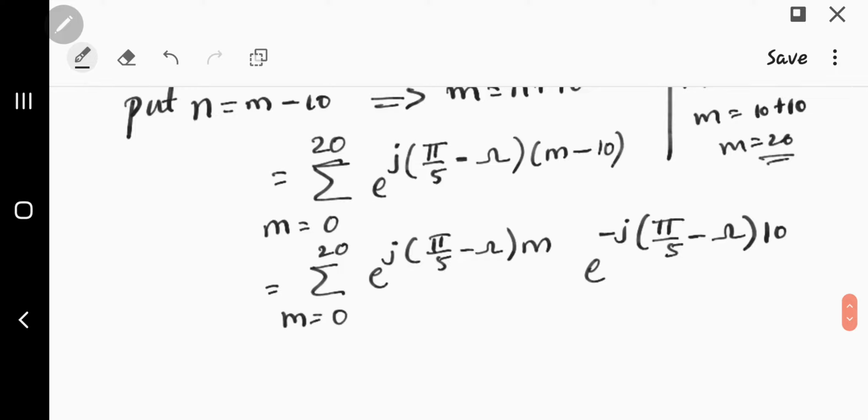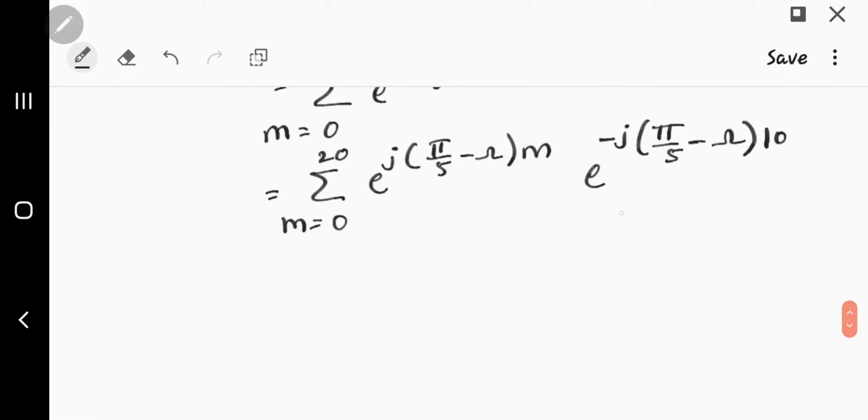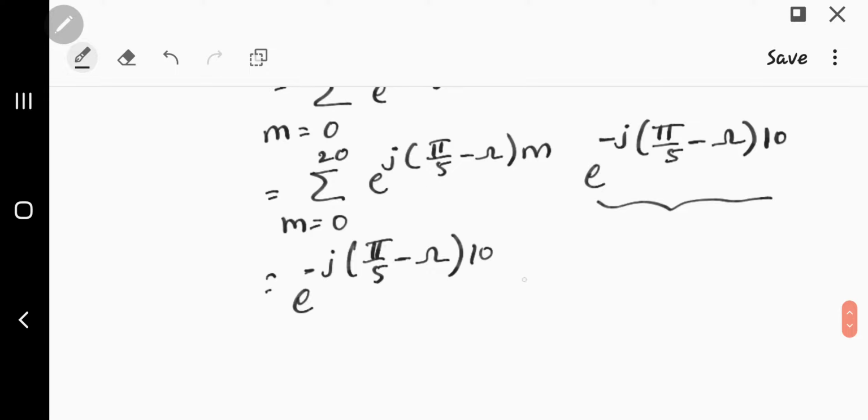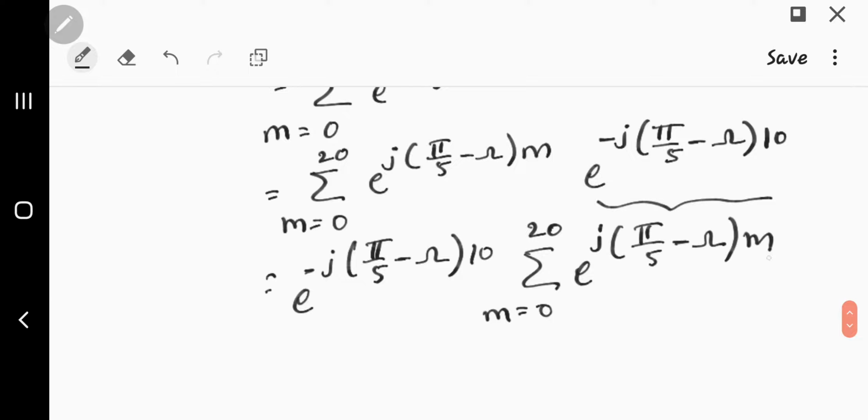Okay. So now this one we can take it outside from the limit. So it will give us e power minus j pi by phi minus omega into 10 summation m is equal to 0 to 20 e power j pi by phi minus omega into m.